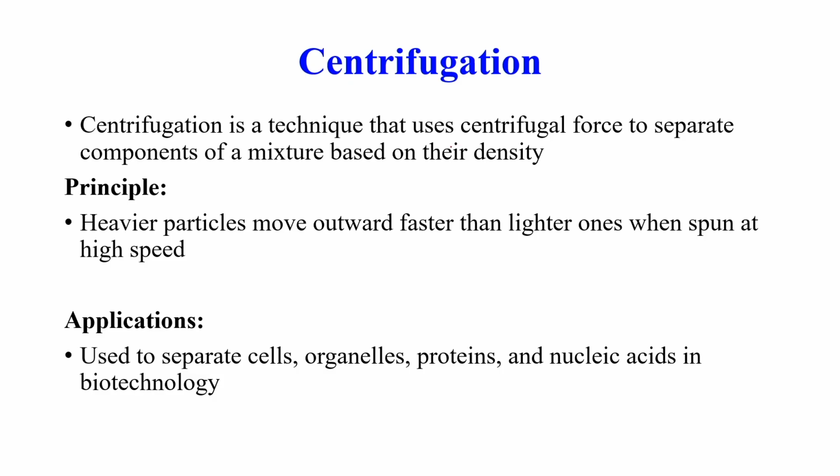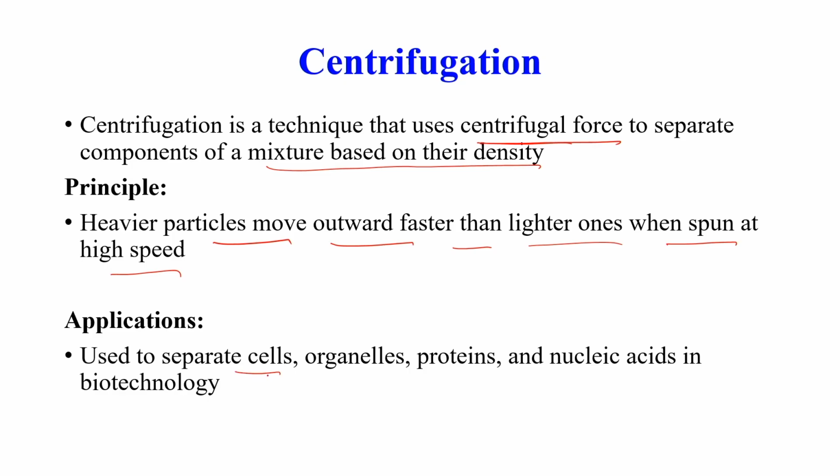Centrifugation is a technique that uses centrifugal force to separate the components of a mixture based on their density. So, solids have higher density, liquids have comparatively lower density. So, heavier particles, particularly solids, move outward faster than the lighter ones when rotated at high speed.